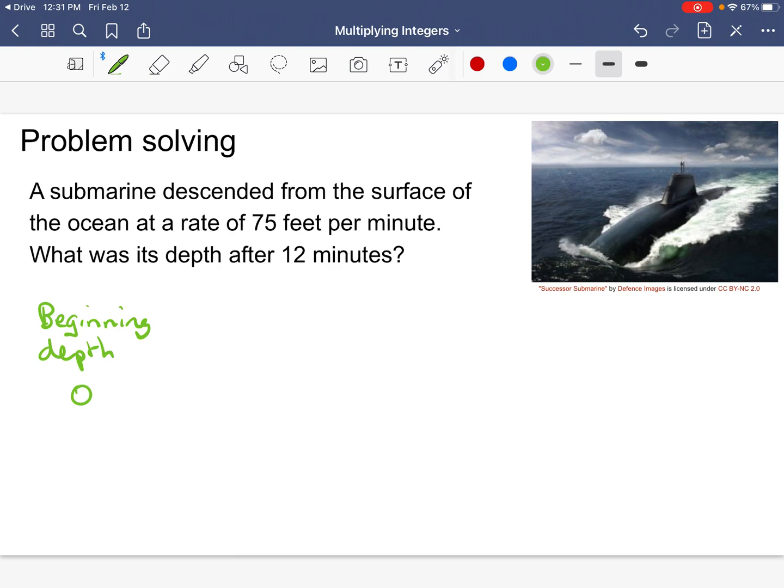And it descended 75 feet per minute for how long? 12 minutes. So my plan is that I will multiply 75 times 12 to find out how deep it goes.